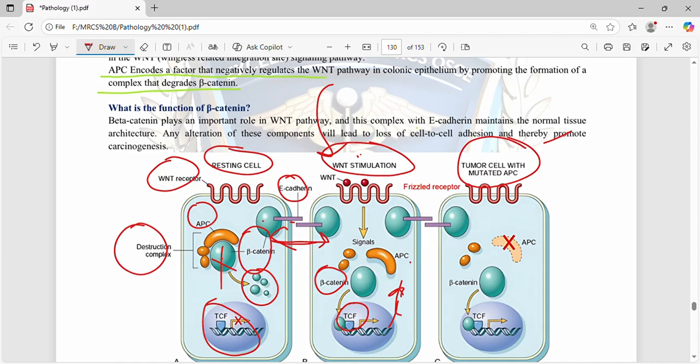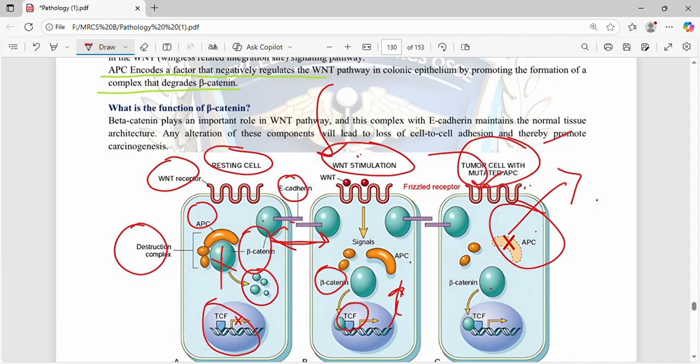And in the tumor cells with mutated APC, the WNT pathway will stimulate the beta-catenin, or not only the WNT pathway. If the APC is mutated, it cannot destroy the beta-catenin. So beta-catenin will be free.